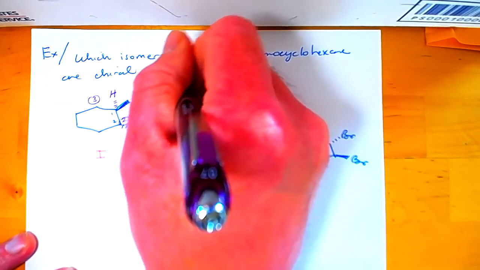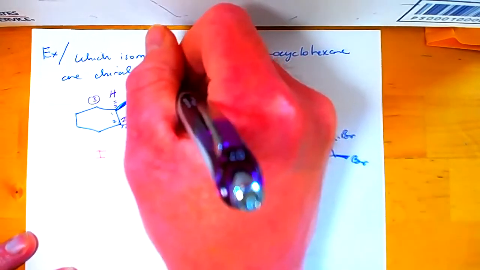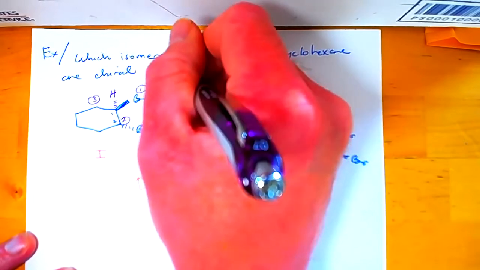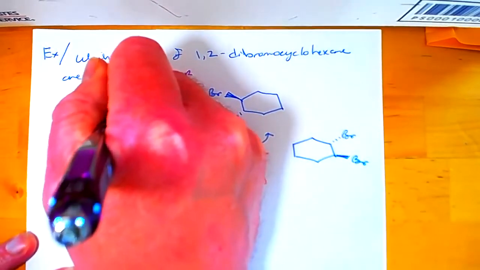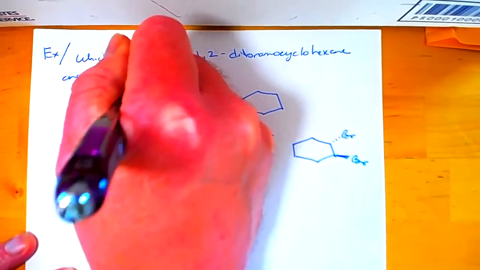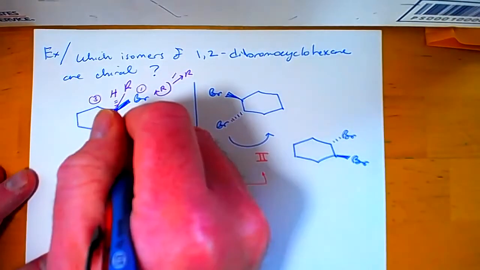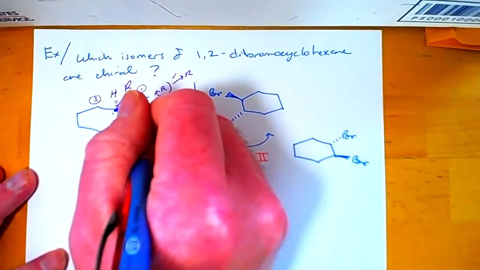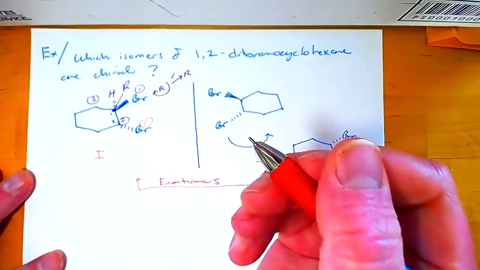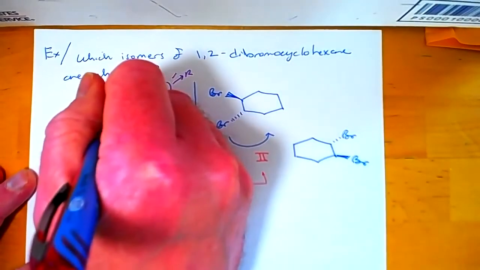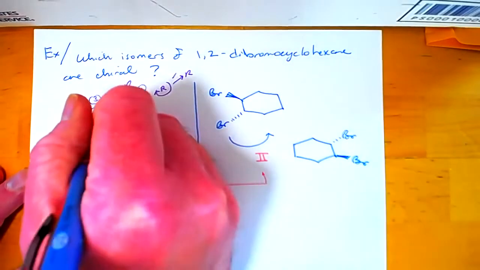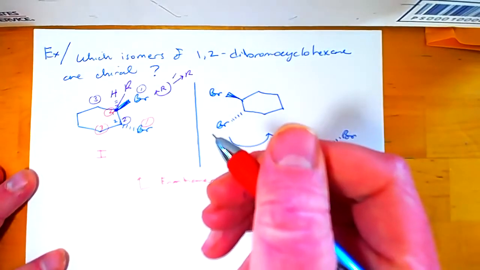Okay, and so then I want to check my number 4 group, everything is okay, and so I'm going to assign that position as R. Now if I go down to position number 2, this bromine is number 1, the carbon here is number 2, and this position is number 3.